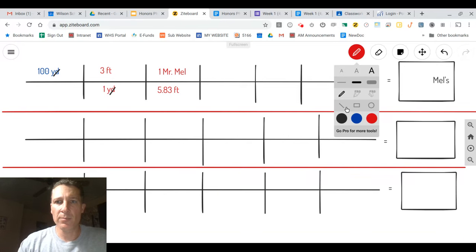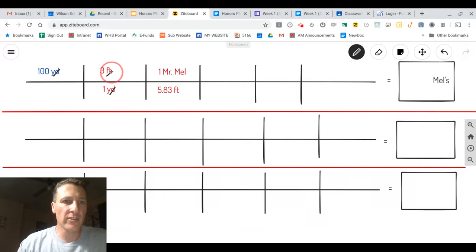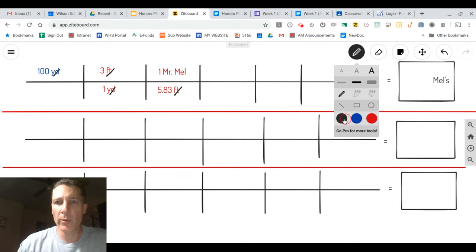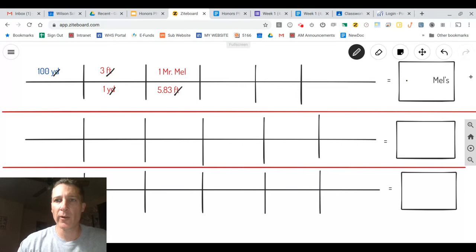So at this point, I've canceled out another set of units. The feet go away. If I did this math, 100 times 3 times 1, which is 300, divided by 5.83, that is how we get to our unique unit here. The football field is exactly 51.43 Mel's.